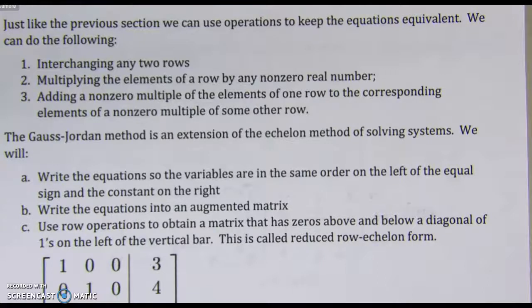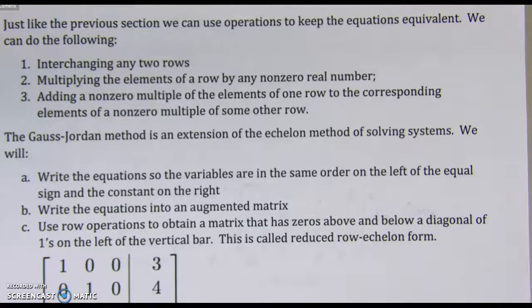We can add any non-zero multiple of the elements of one row to the corresponding elements of a non-zero multiple of some other row. So we can multiply each row by a non-zero number, and at the same time, we can interchange and add rows together, just like we did in lesson 2.1. This is an extension of the echelon method of solving systems.